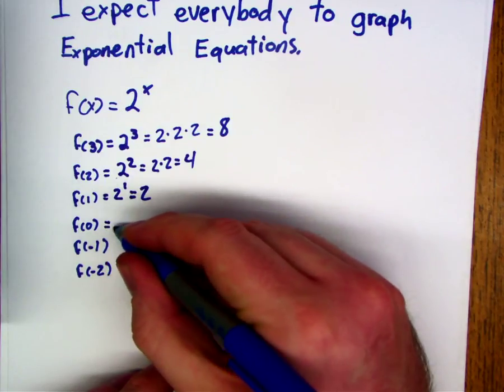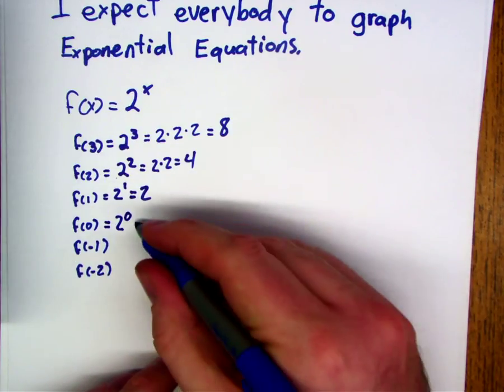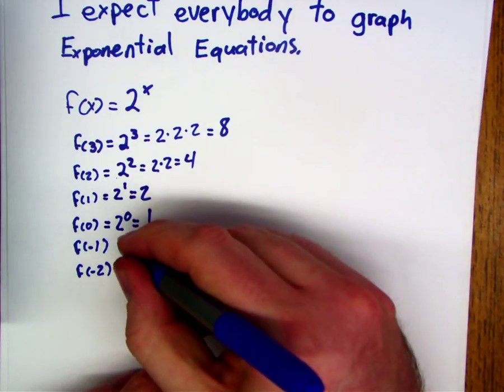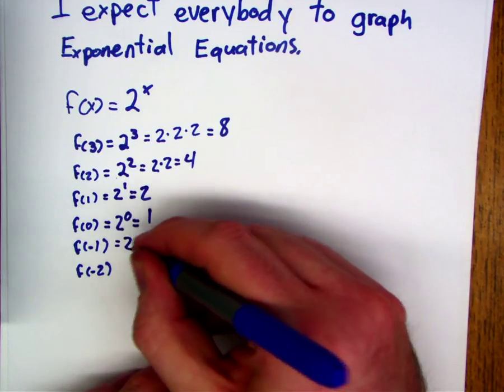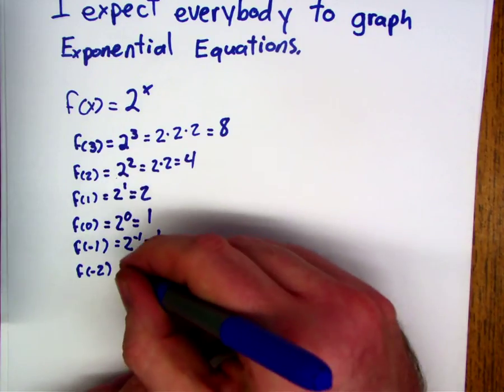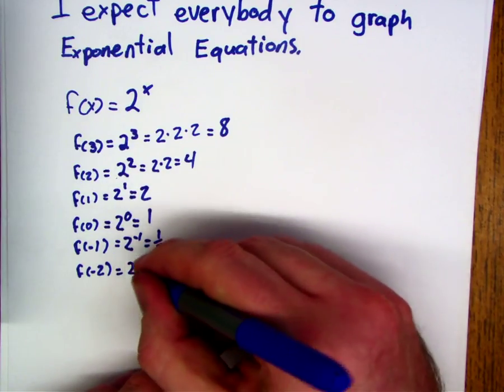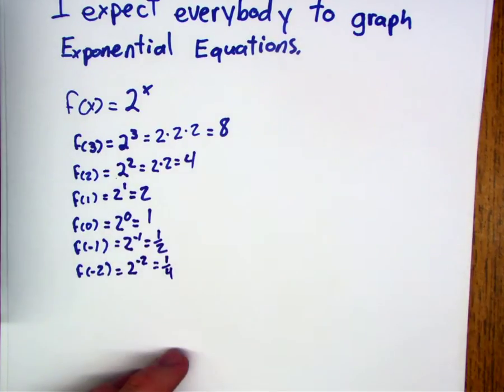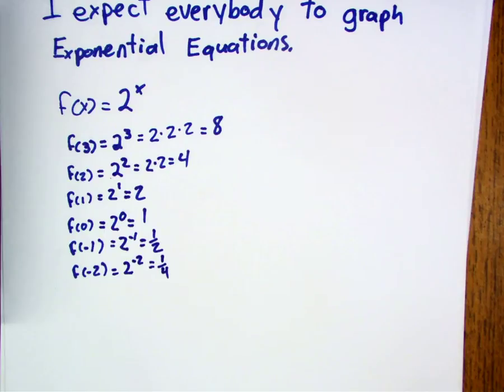F of 0, just 2 to the 0, which means it's 1. Then we'll have 2 to the negative 1. And finally, we'll have 2 to the negative 2, which means we'll have 1/4.